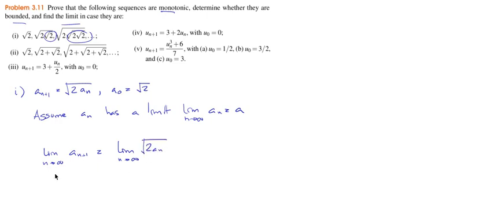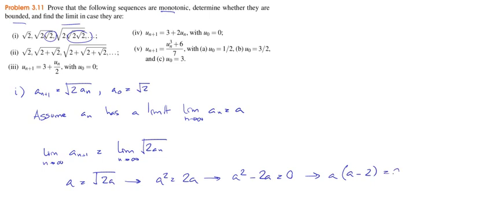So this is a, and this is the square root of 2a. To solve this we square both sides, and we have a squared minus 2a equals 0. Take a common factor of a, and then we have a times (a minus 2) equals 0. So two possible solutions: a equals 0 or a equals 2.